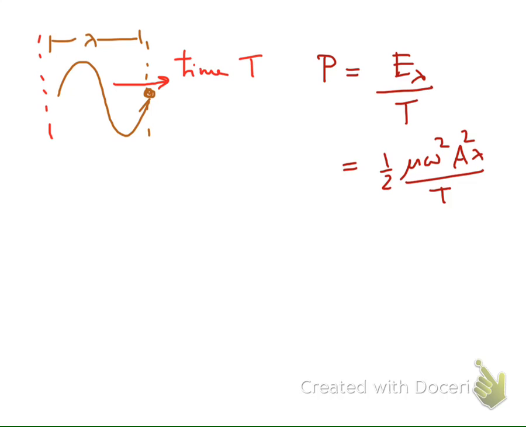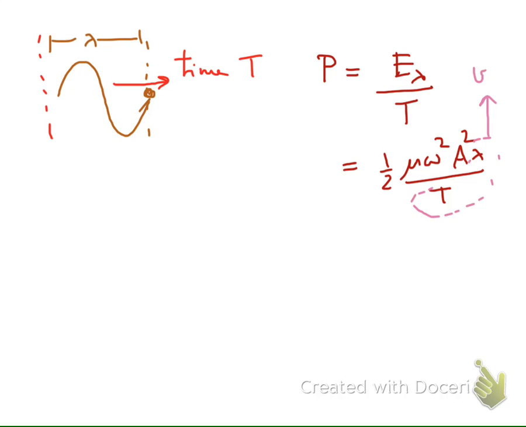However, if we look at this term, lambda over T, we can see that it is the velocity or the speed of the wave, because a portion of the wave with length equal to lambda will pass this point in time T. So the speed of the wave is the motion of the wave divided by the time taken for the wave to pass this point.